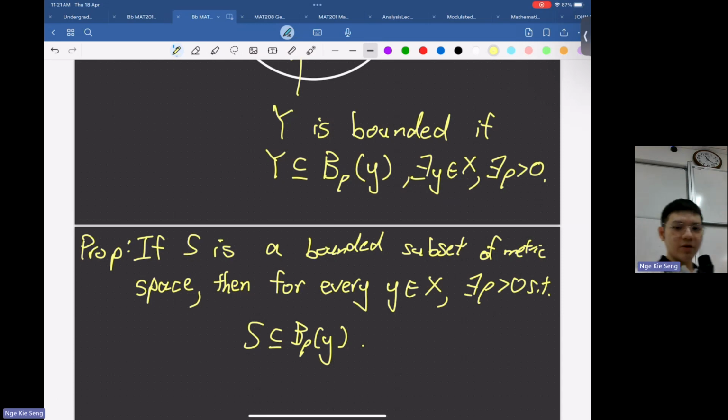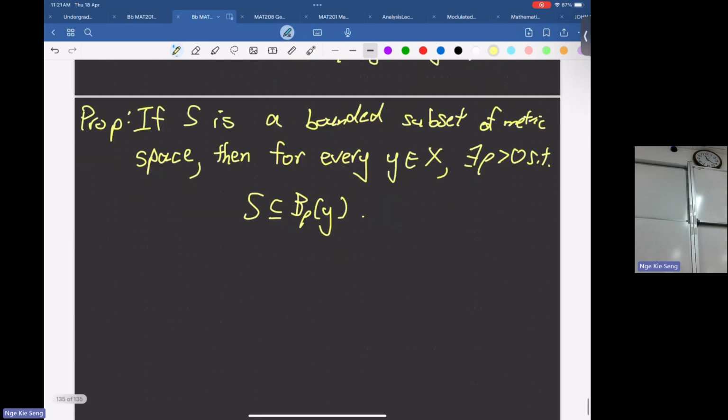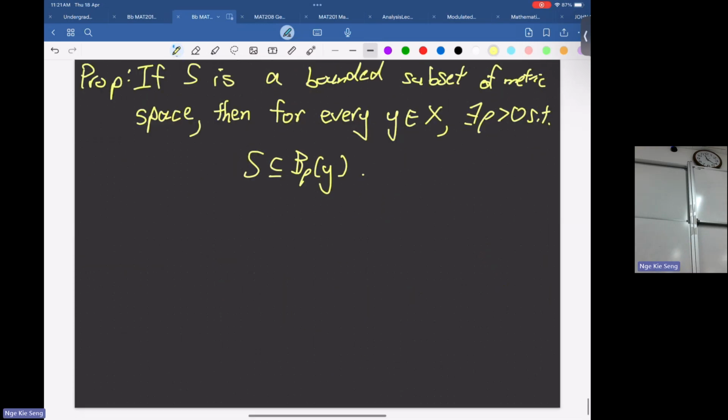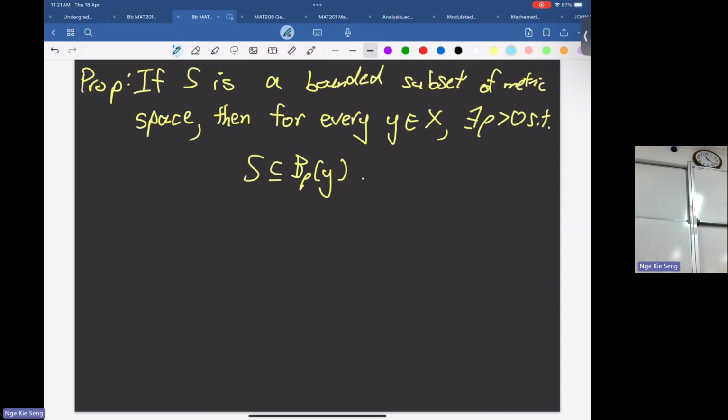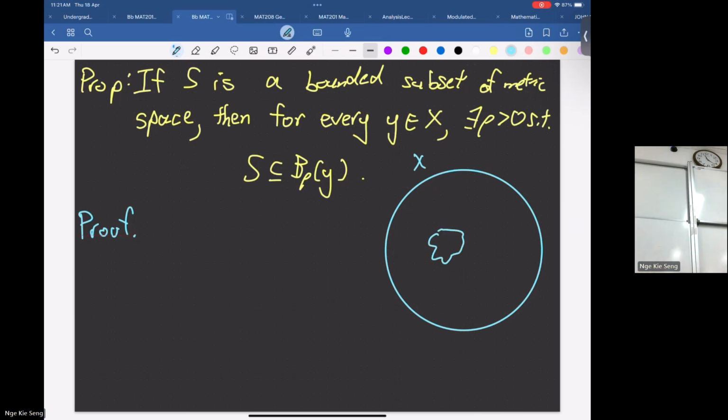So yesterday, how did we suggest this? What's the picture here? Say we have an X here. This is my space, and then I have some maybe weird subset here, which is bounded.